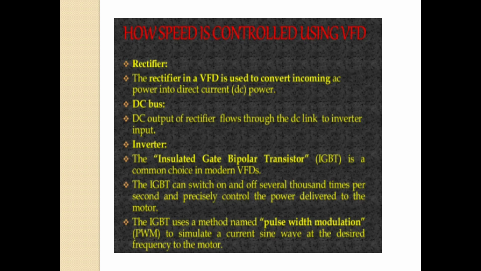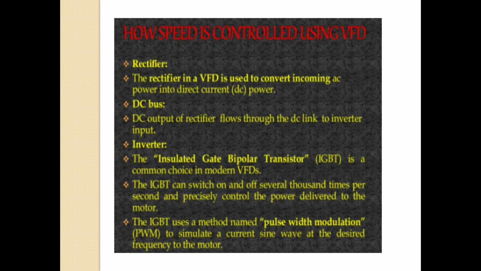Then the DC supply is fed from the inverter circuit. It converts DC into AC with variable voltage and variable frequency. This output is fed to the stator of induction motor, varying V and F while maintaining the V by F ratio constant so that the motor speed can be changed.